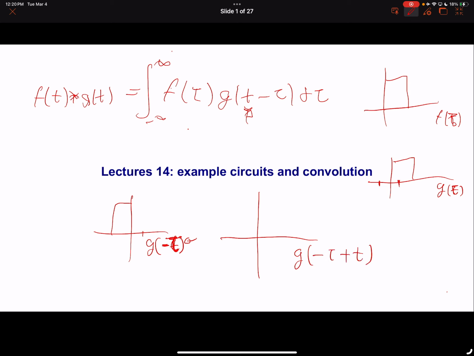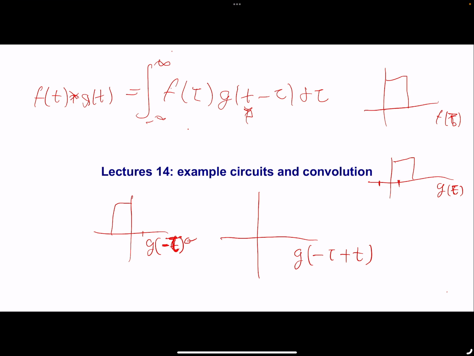Well, whatever happens if I plug in t for tau, that should be the same thing that happens at 0 for g. And so let's say t is here, that should be right there.